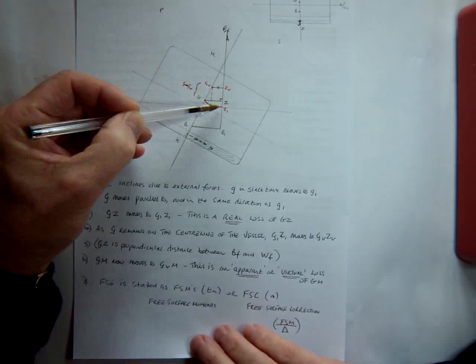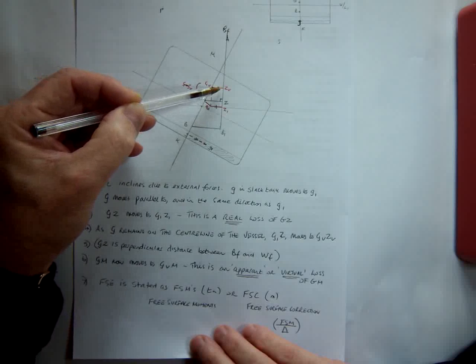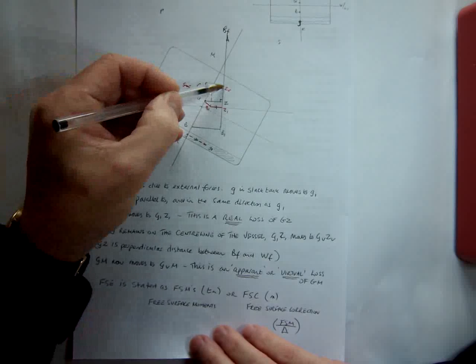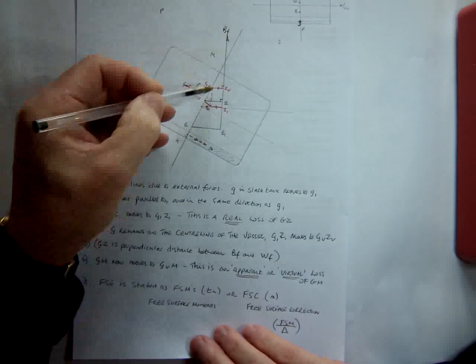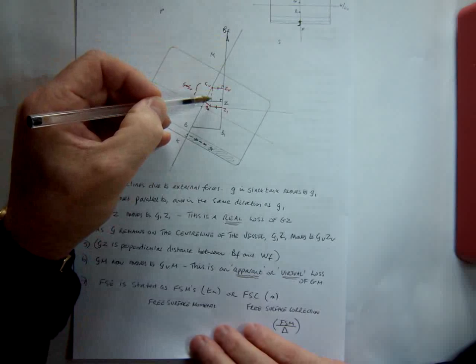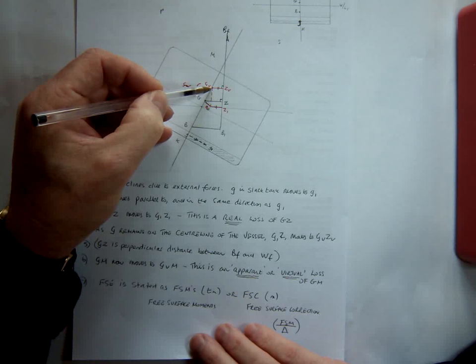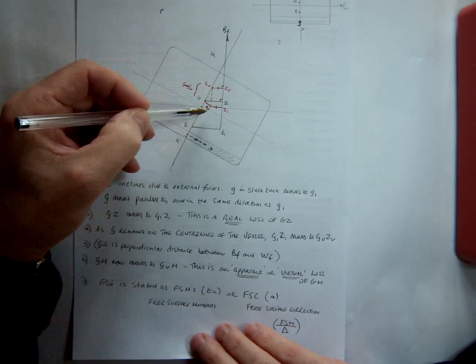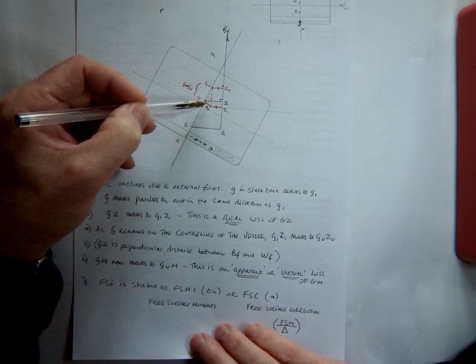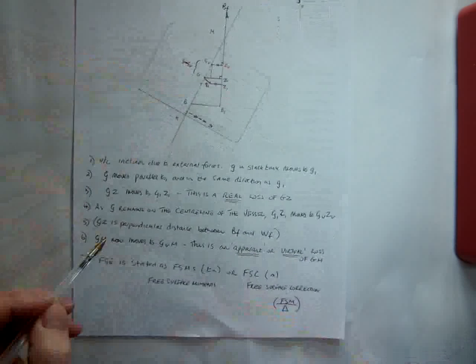The size of G1Z1 is the same as GVZV, but it must move up until it sits between the buoyancy and the weight force, and that GVZV is the righting lever. I hope you can see that. Because G remains on the centre line, G1Z1 must move up to GVZV.